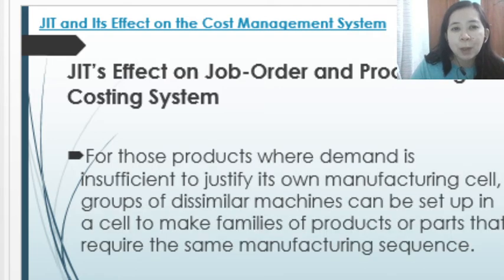For those products where demand is insufficient to justify its own manufacturing cell, groups of similar machines can also be set up in that cell to make families of products or parts that require the same manufacturing sequence. So here, it's like having an idle capacity manufacturing cell and using that idle capacity to cater to special orders.